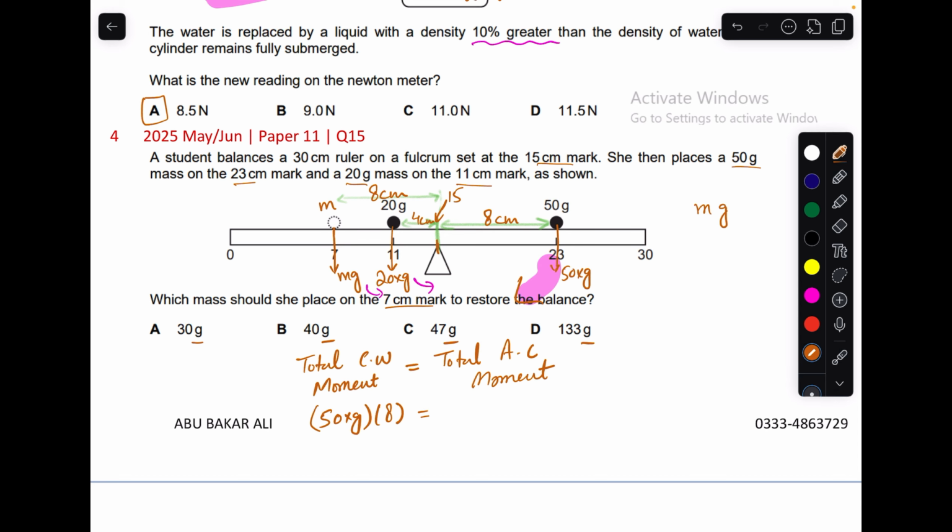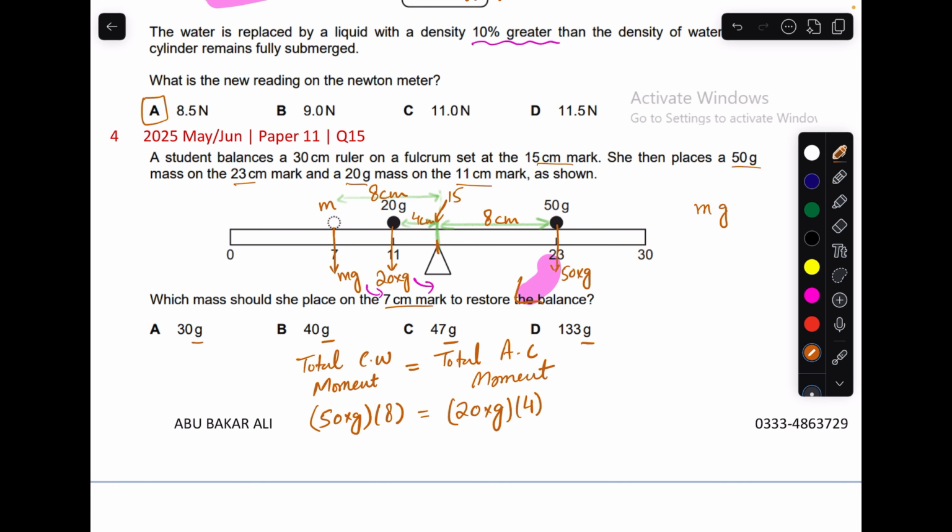Again, I'm not changing the units of the distance as well because that does not matter. They all should be in the same unit, so they are in centimeters, so we can do it. And anti-clockwise moment for the 20g: 20g is the force, the weight of the object, and the distance is 4.